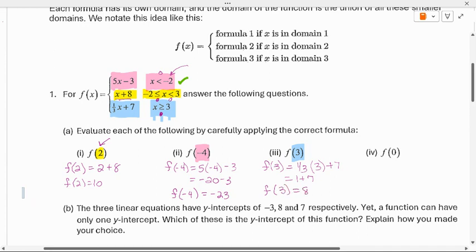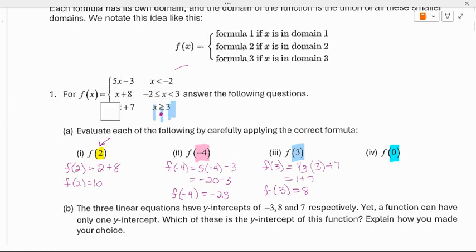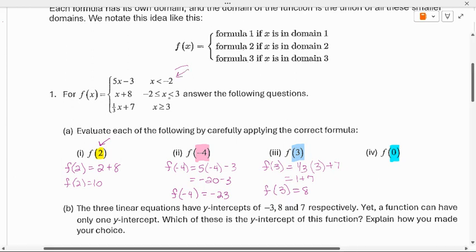Our last function that we need to evaluate has a domain value of 0. So what function has a domain that includes 0? Well, this first function is all numbers that are less than negative 2. The second function is all numbers that fall in between negative 2 and 3, including negative 2, and 0 lives right here.